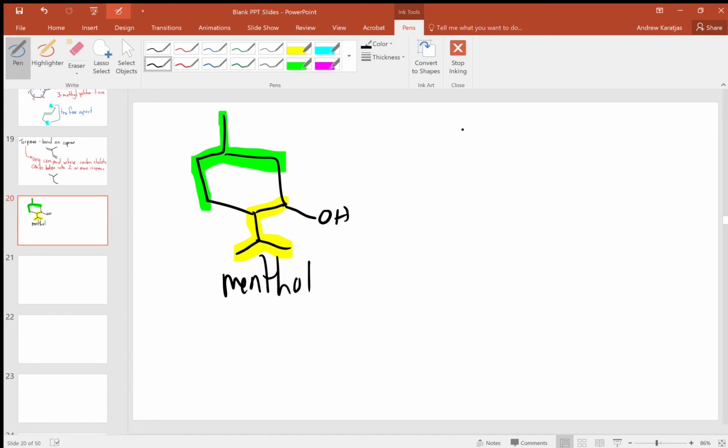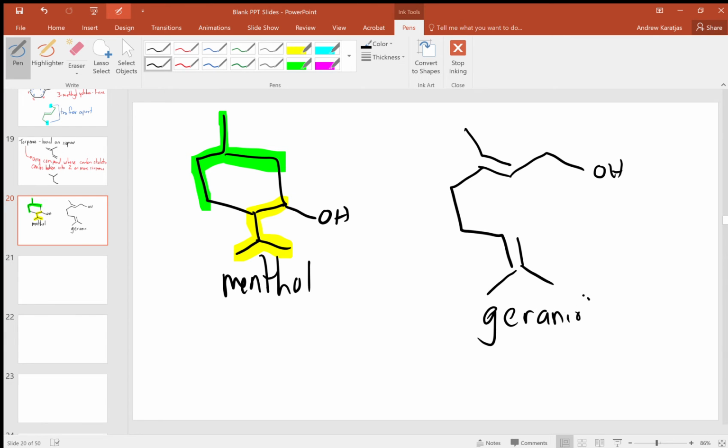We can also see the same thing in a molecule here, such as geraniol. This is a compound that's responsible for a lot of the fragrance that we get from roses. And again, you can see that we've got these 2 isoprene units put together.